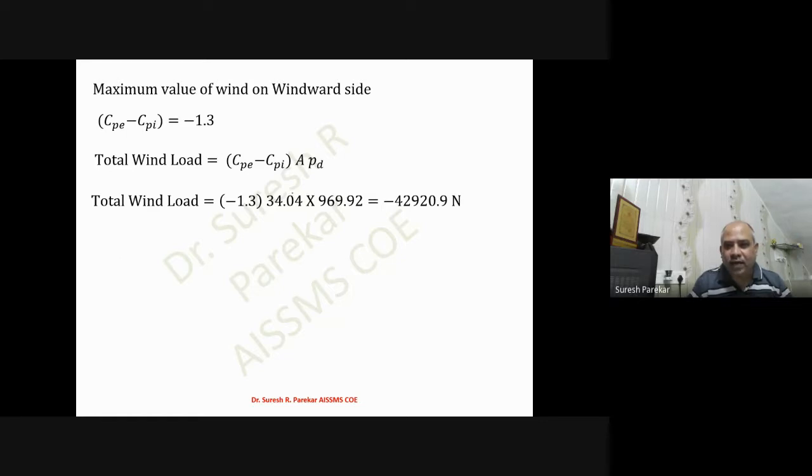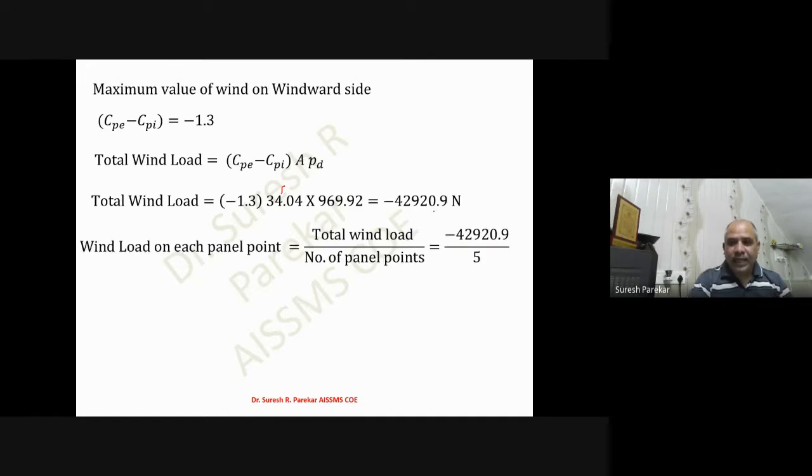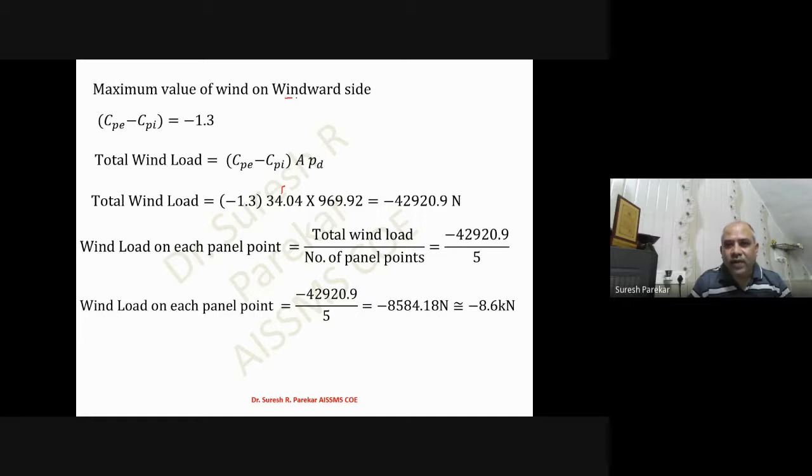On one side we have 34.04, this is my inclined area, and then into 969.92, so it comes minus 42920.9. And then we have five panel points on this, and therefore we divide it by 5, and then we get this value, minus 8.6 kilonewton, which will be on windward side.